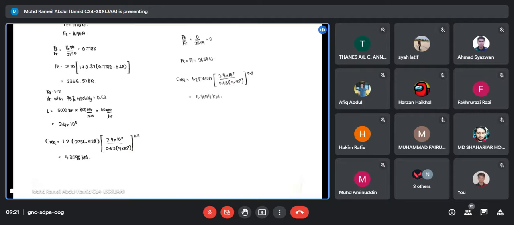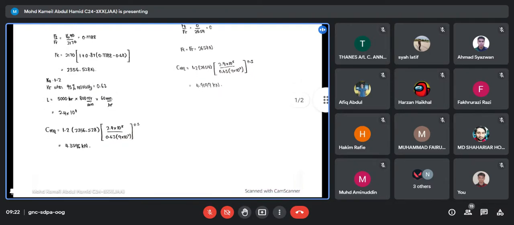Okay, and then find L. L is 2.4 times 10 to the power of 8. Okay, that's good. L is 5,000 times 800, the RPM, and times 60 minute per hour. Okay, you get 2.4 times 10 to the power of 8.